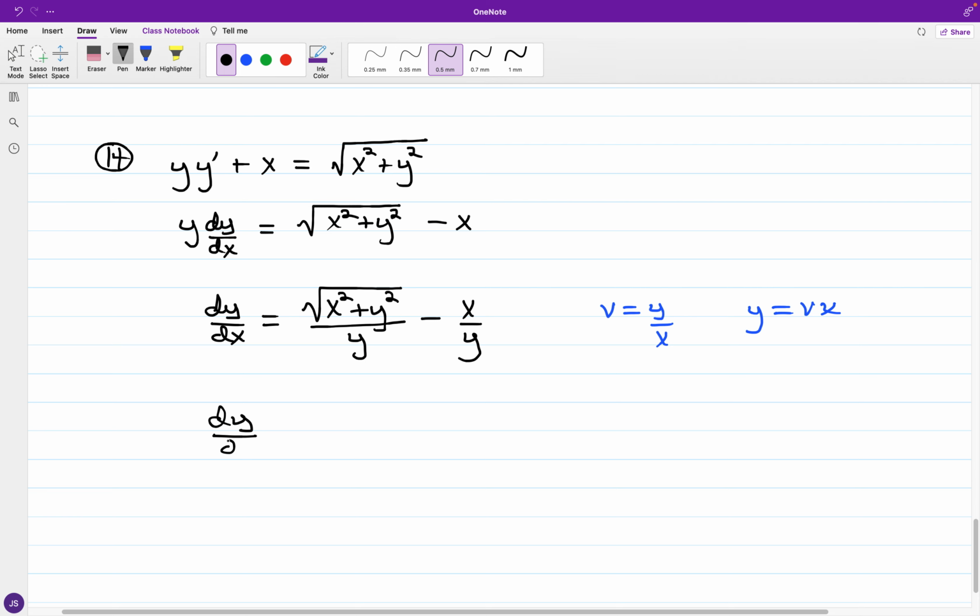So again, we have dy over dx is equal to the square root of x squared plus, and for y is equal to vx, if I square, we have v squared x squared over y minus x over y.